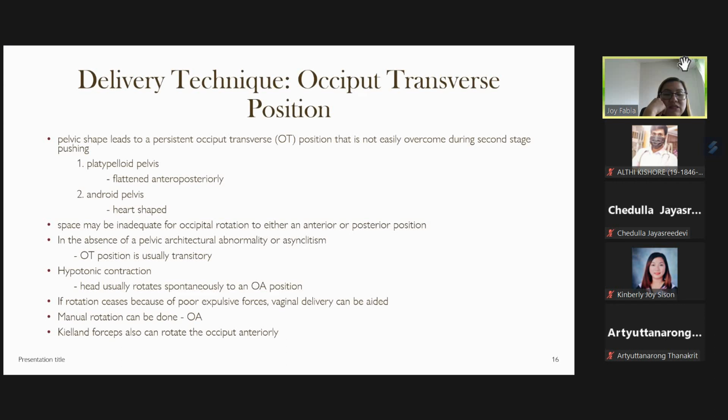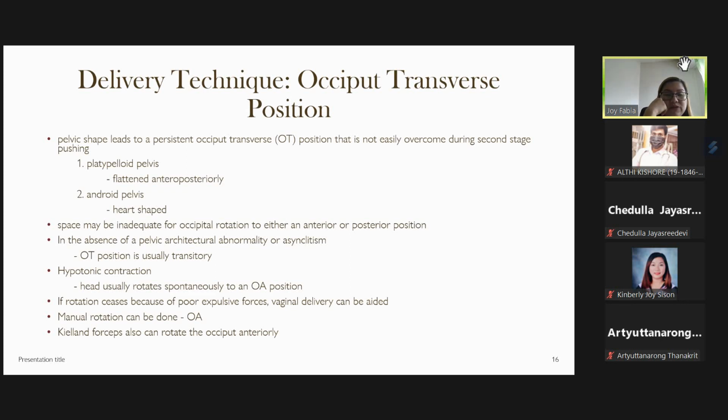If rotation ceases because of poor expulsive forces, vaginal delivery can be aided by giving additional medications like oxytocin. Manual rotation can be done para to make it into occiput anterior.